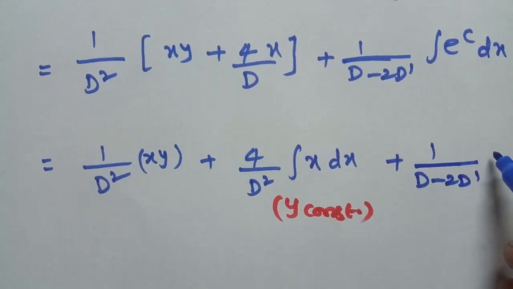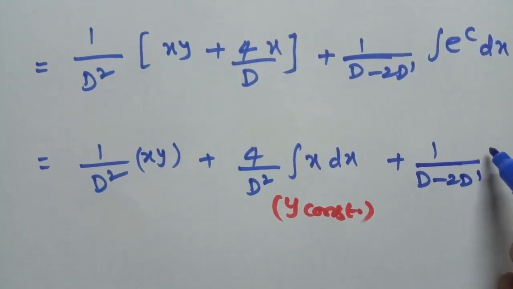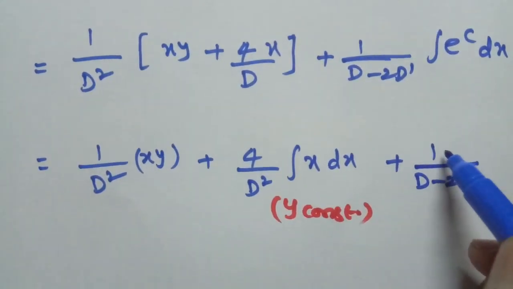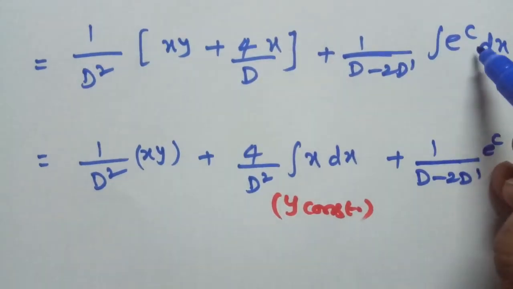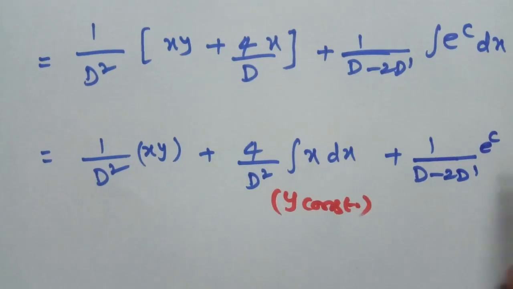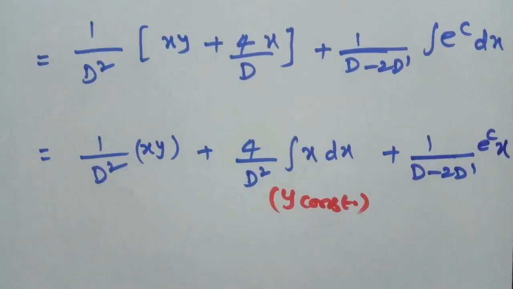It is a constant. So therefore e power c is a constant into integration of 1. Integration of 1 is x.